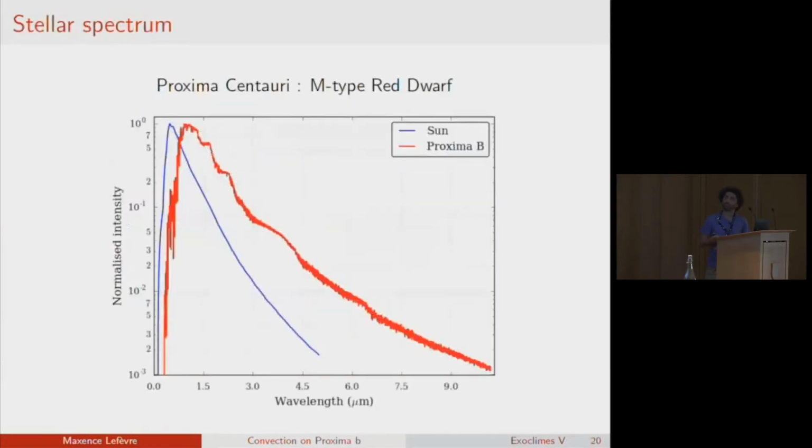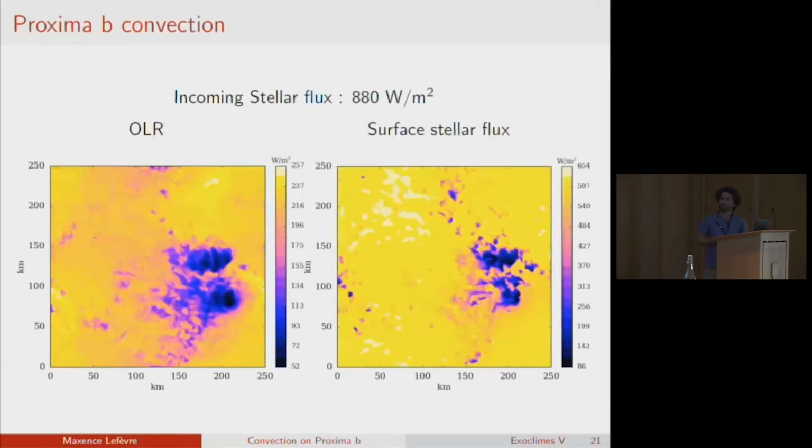We also took into account the fact that the Proxima Centauri star is not the Sun, so the stellar spectrum is different. And this is what we have.